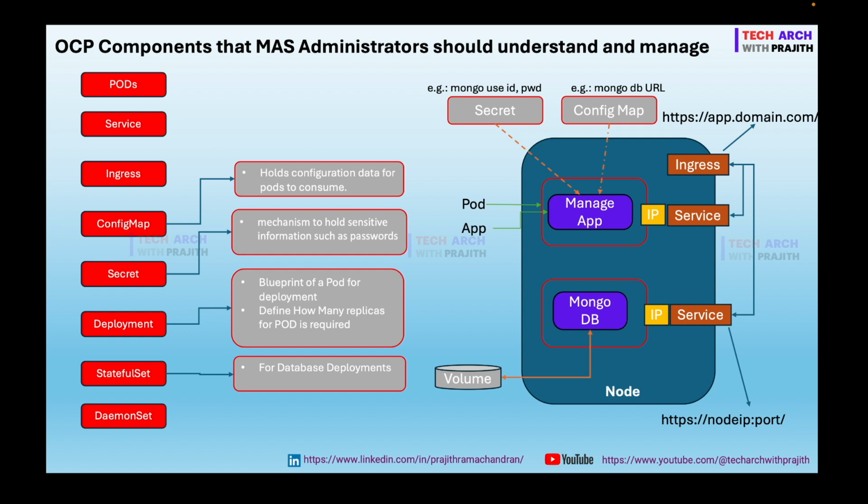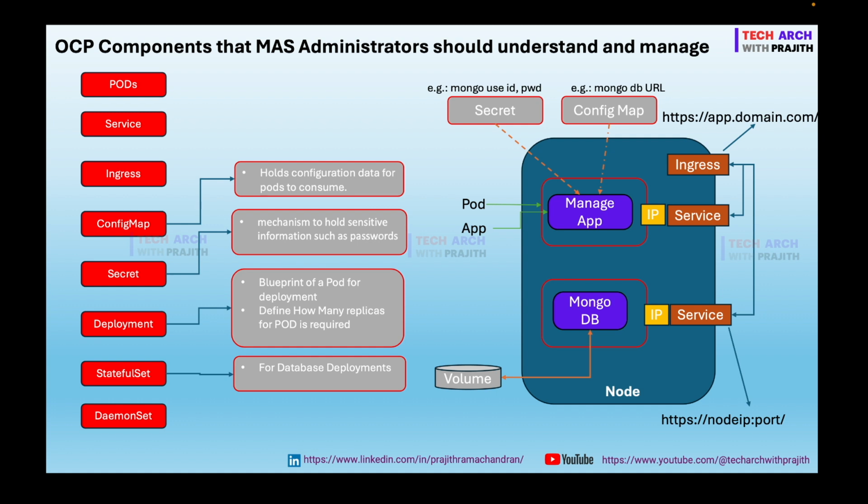Then you come to OpenShift or any orchestration platform and define a deployment YAML file. In the deployment YAML file, you define how to create the pod and how many replicas of the pod you need to run, right?